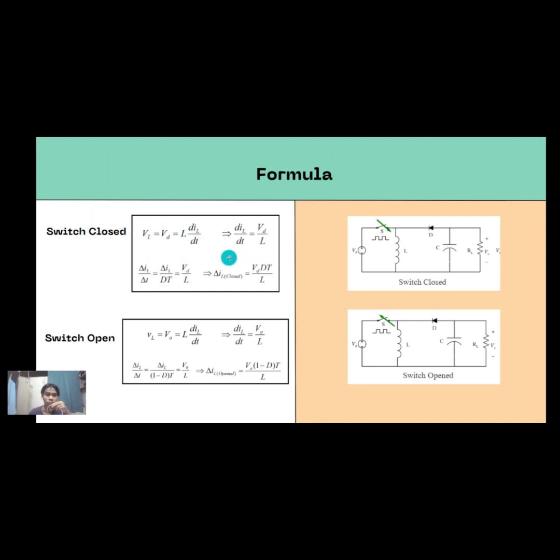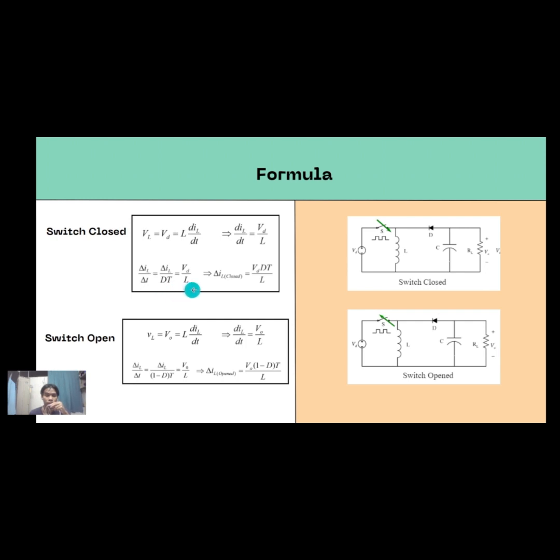As you can see here, for the derivation when the switch is closed, the voltage across the inductor will be equal to VS, and then we calculate the voltage across the inductor using the formula L di over dt. We rearrange it and change di over dt to change of IL over change of t, and then change of t will be equal to DT.